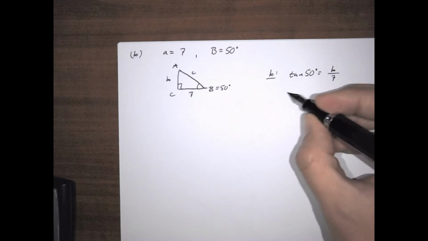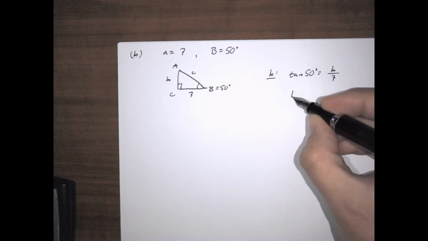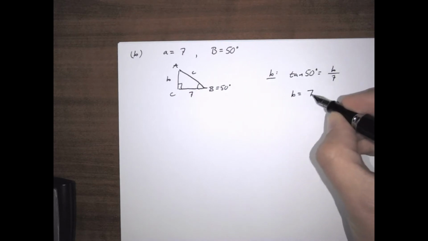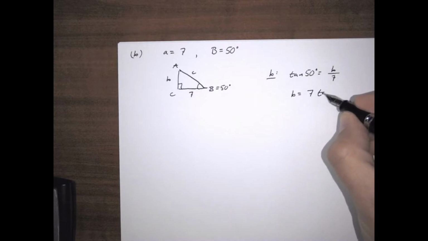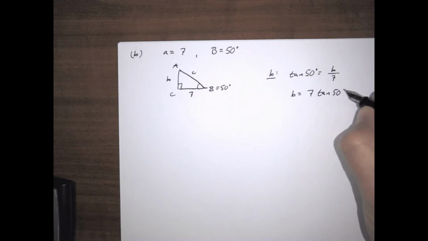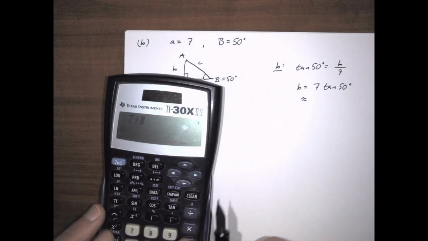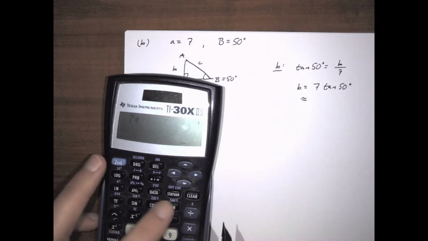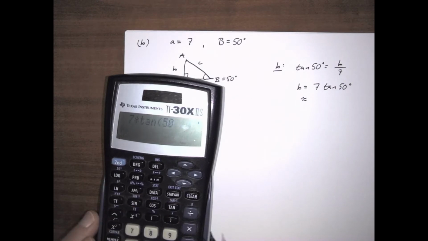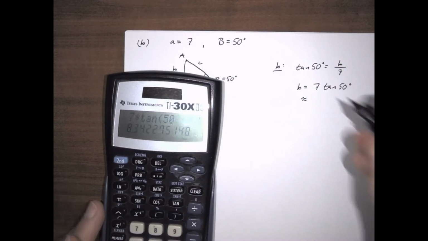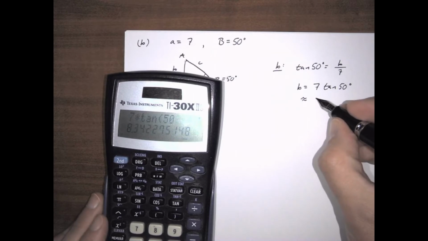That means b, if I multiply both sides by 7, would be 7 times the tangent of 50 degrees. Which then again, we just use our calculator. 7 times tangent of 50 degrees is 8.34.